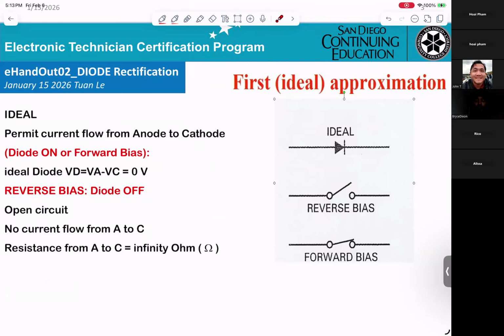When they're working, that means they allow the current flowing from A to C. So if you're reading here, ideal diode, what that means?